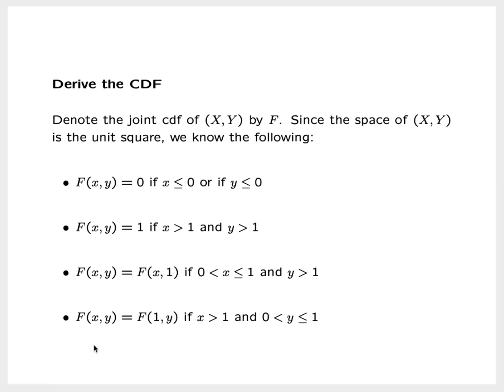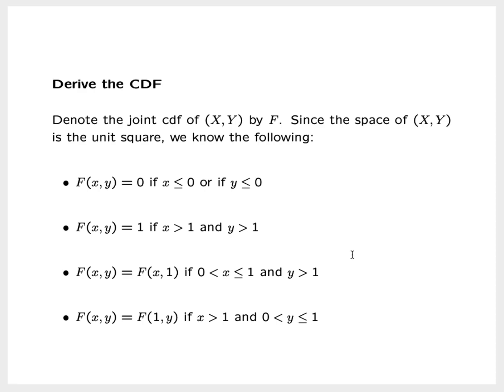And then finally, the CDF evaluated at a point (x, y) is equal to the CDF evaluated at (1, y) if x is greater than 1 and y is greater than 0 but less than or equal to 1. We get these expressions for the CDF just by looking at the picture of the joint sample space that you drew a few minutes ago.